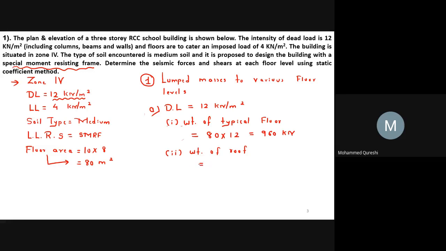So again your floor area is 80 into dead load 12, so the weight of roof will be 960 kilonewton. So we get the data for typical floor as well as for roof for dead load 12 kilonewton per meter square. Now we will go for live load.